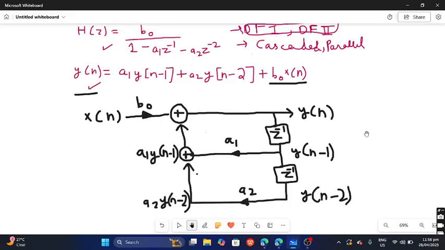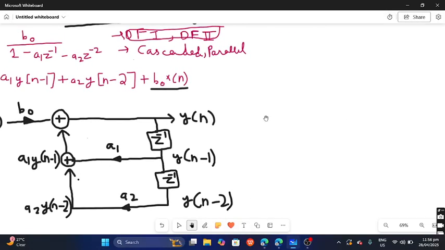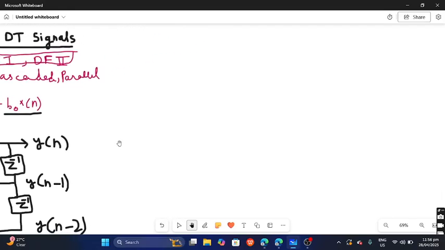So let us take an example. We will solve it using the direct technique.